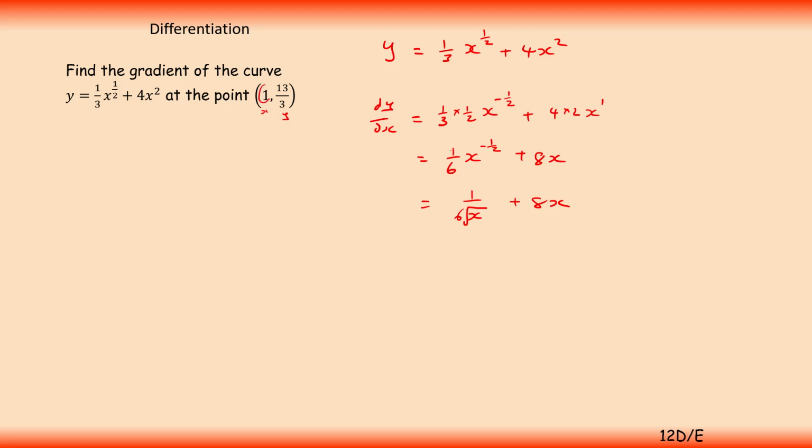I'm going to use the x one. So at the point 1, 13 over 3, dy over dx is equal to 1 over 6 square root of 1 plus 8 times 1. So that's 1 over 6 plus 8, which is equal to 8 and a sixth, really.